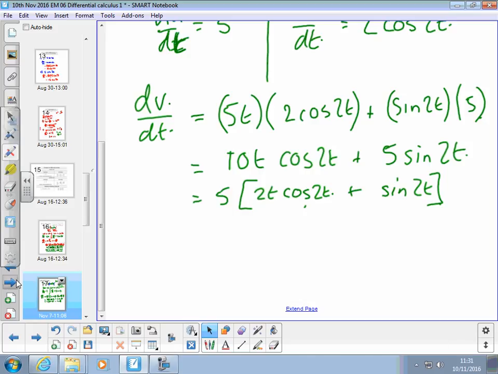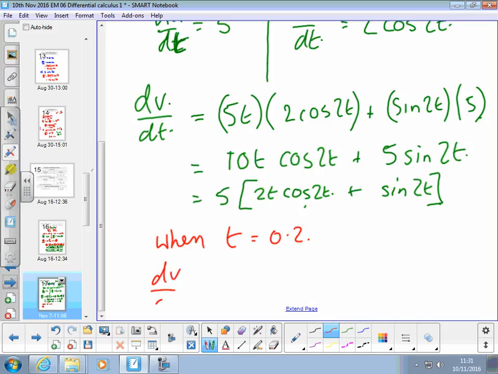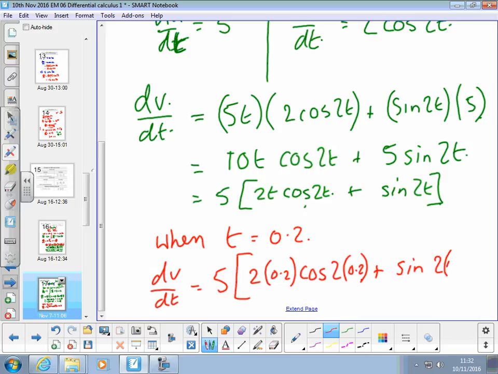What the question then wants to do is say when t is equal to 0.2, dv by dt is equal to 5 times 2 times 0.2 cos 2 times 0.2 plus sine 2 times 0.2.